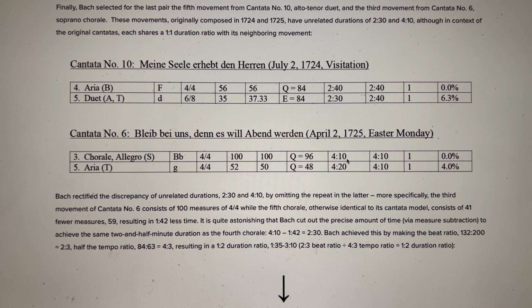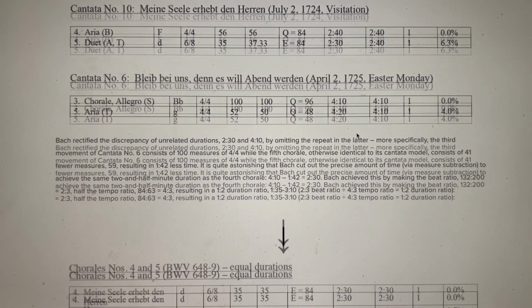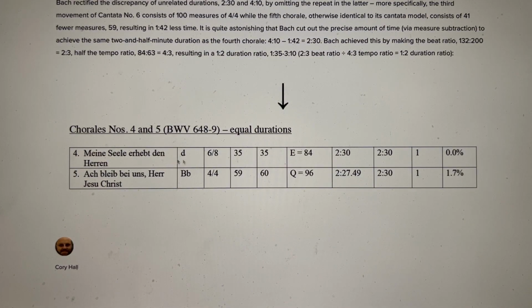And Bach saw that because what he did next confirms that he knew exactly what he wanted to do. See this duration of 2.5 minutes for this aria here, or this duet? So he subtracted just the right amount of measures from 100 in order to make it 2.5 minutes. So it's astonishing what he did.